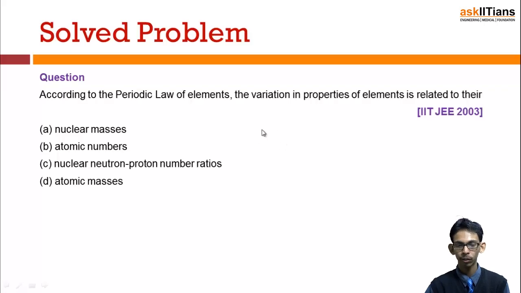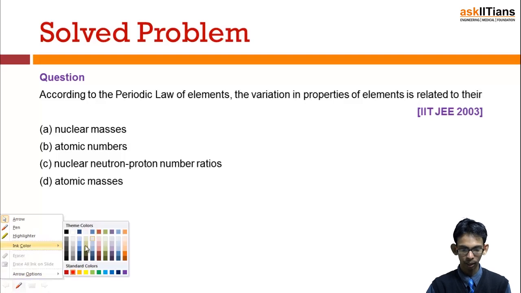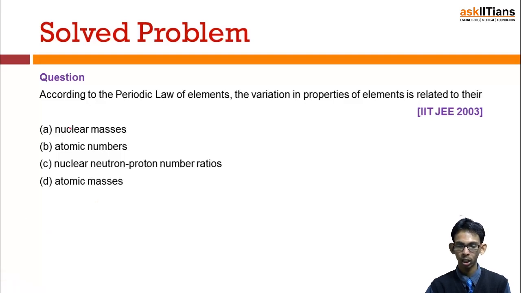Now there is a solved problem based on this, which was asked in IIT-JEE in 2003, and it is based on direct knowledge of the concept. It says, according to the periodic law of elements, the variation in properties of elements is related to their nuclear mass, atomic mass, neutron-proton number ratios, or atomic numbers.